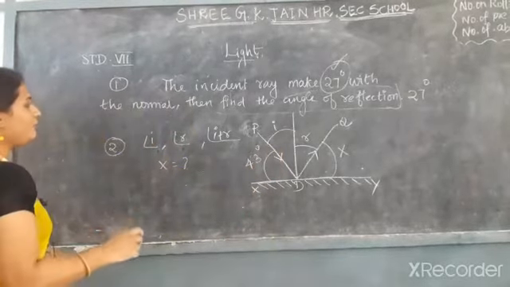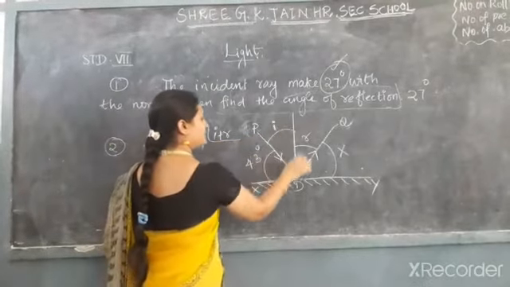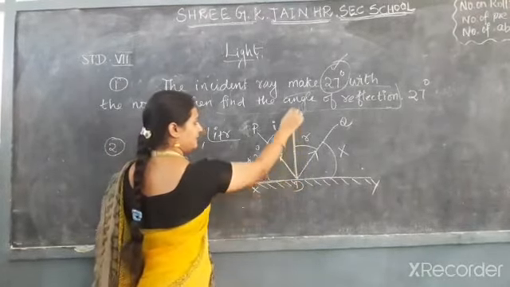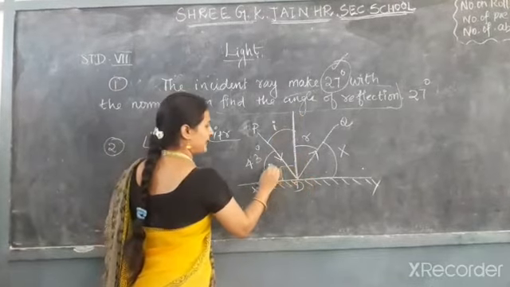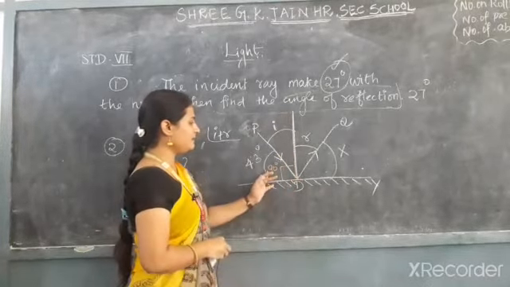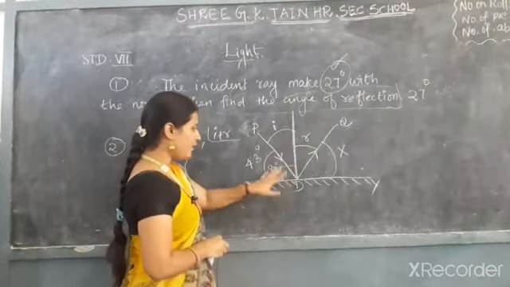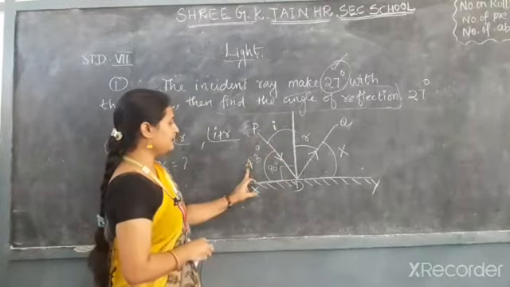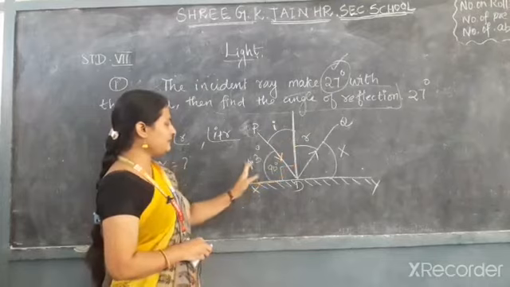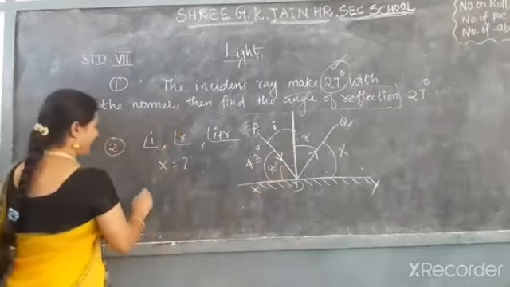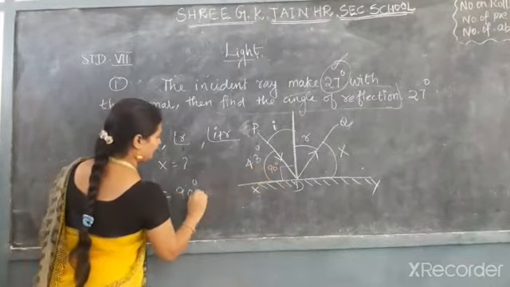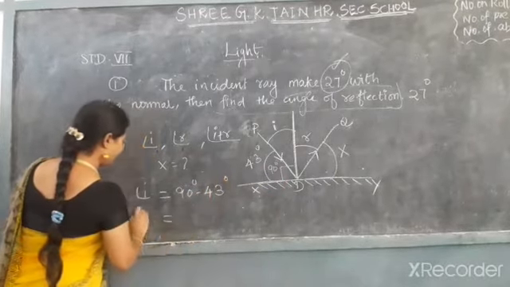See, for the angle of incidence, take this normal. The normal is perpendicular to the plane, so it is 90 degrees. In that 90 degrees we already know this angle, that is 43. So we can find the angle of incidence by subtracting 43 from 90 degrees.